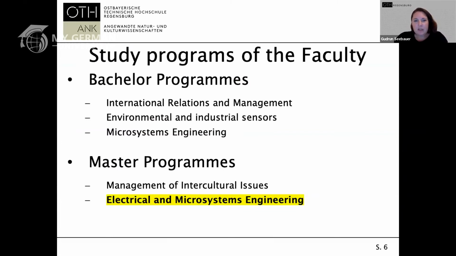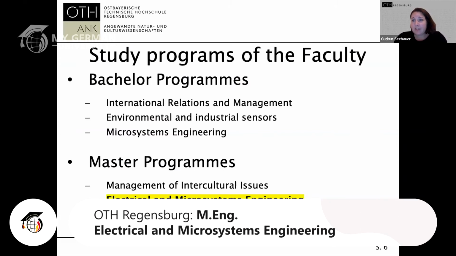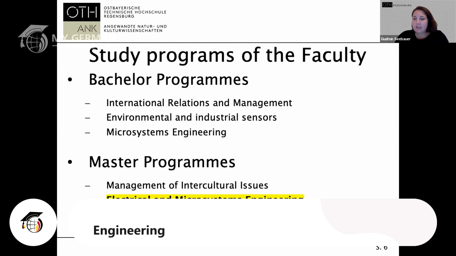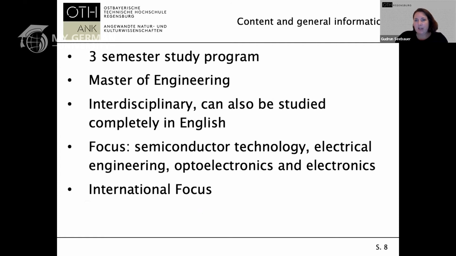We offer international relations and management, but we also offer environmental industrial sensors and microsystems engineering as a bachelor. But today we're going to talk about our master program, electrical and microsystems engineering, because this is our international study program offered in English language.